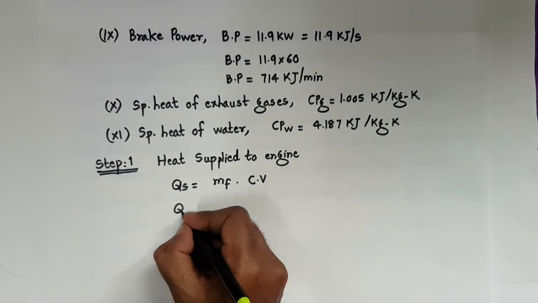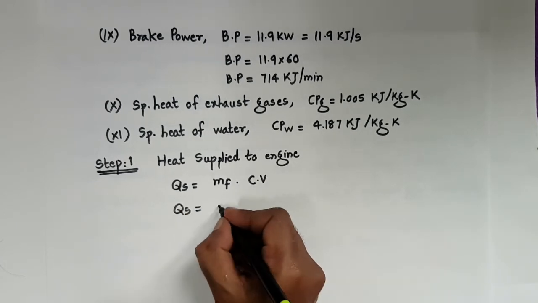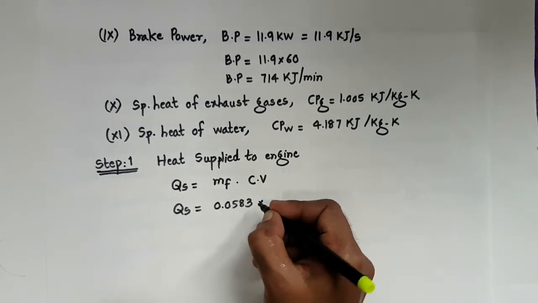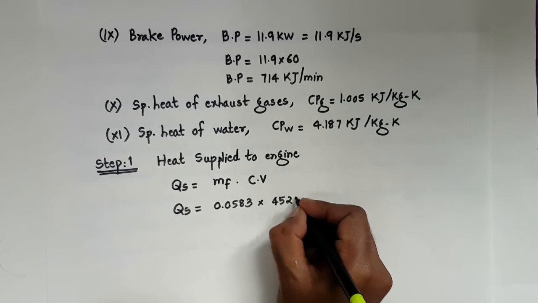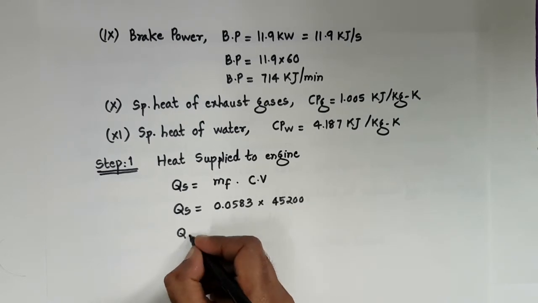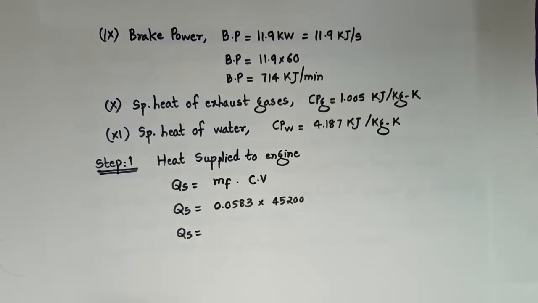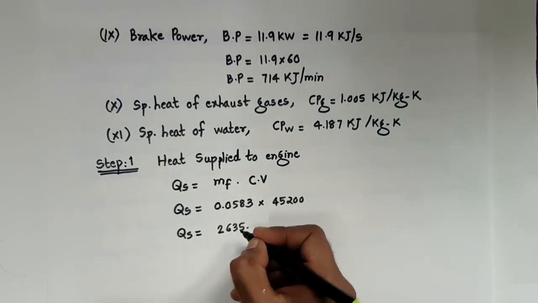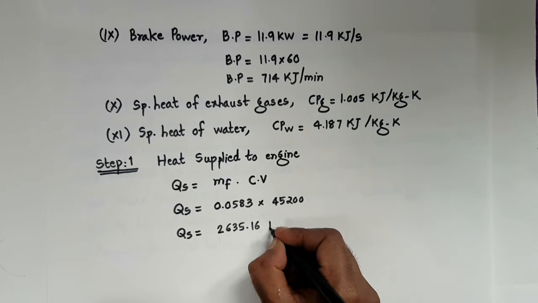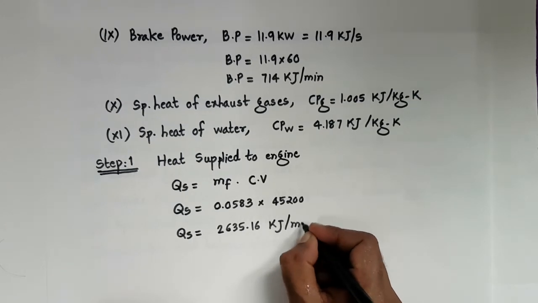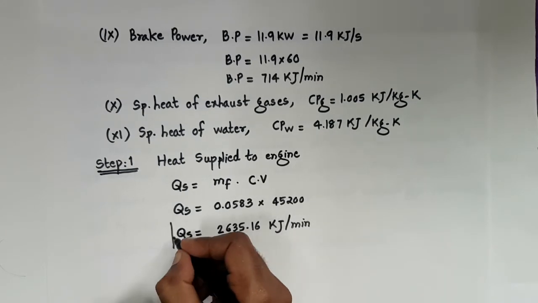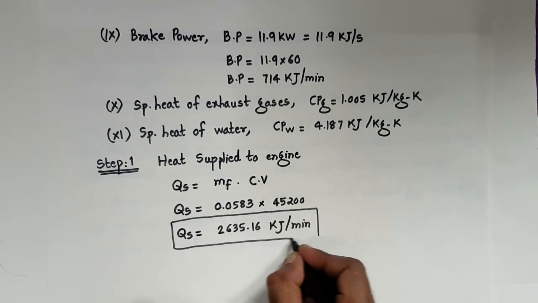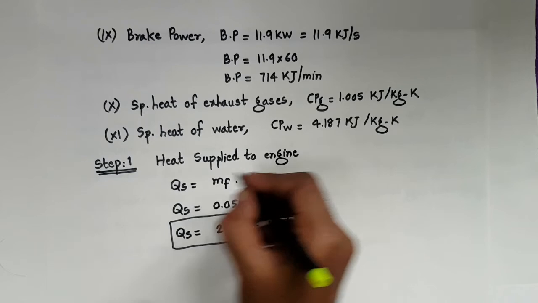So we will substitute mass of fuel in kg per minute 0.0583, calorific value 45,200. So now we will calculate it. So we got this value 2635.16 kilojoule per minute. This is the first thing we have found, that is heat supplied to the engine.